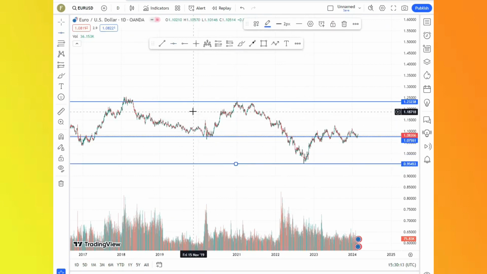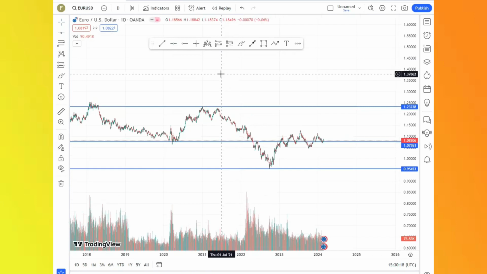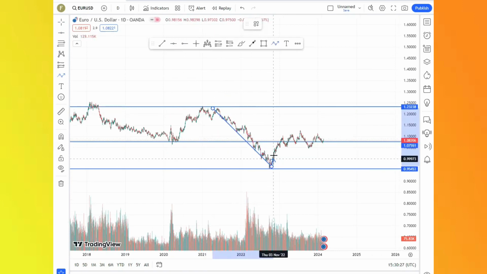So seeing that we have a beautiful setup, we can anticipate that the market has been moving in a beautiful, tight formation. We can see that the market is trying to give us a beautiful market setup.